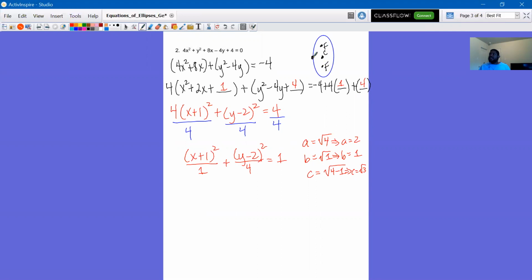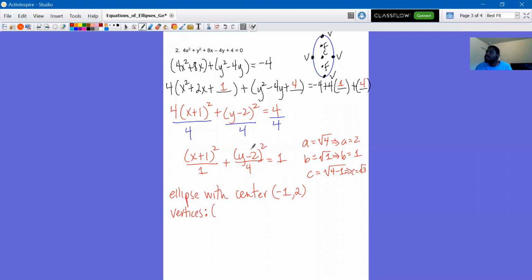And then I got a vertex there, and then vertex there, and vertex there. So we're ready to write our description of the ellipse. So it's an ellipse with center -1, 2, vertices.